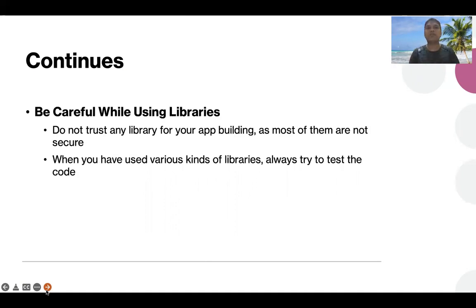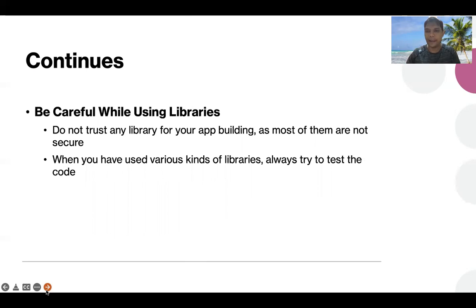The next one is to be careful while using a library. Of course, during development, you need to apply more than one library in order to allow your application to communicate with any existing library. So you need to check whether it is a trusted or standard library or not.